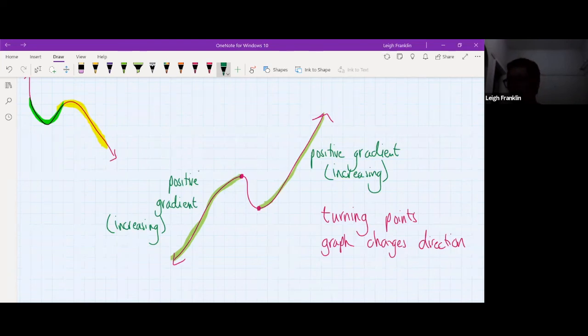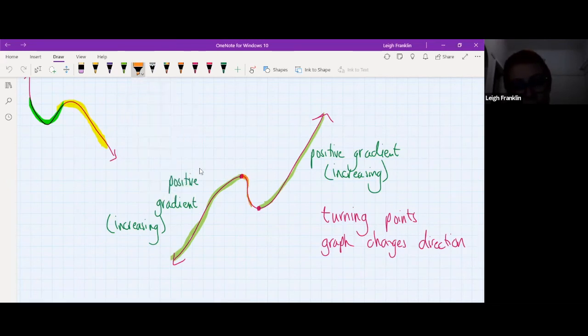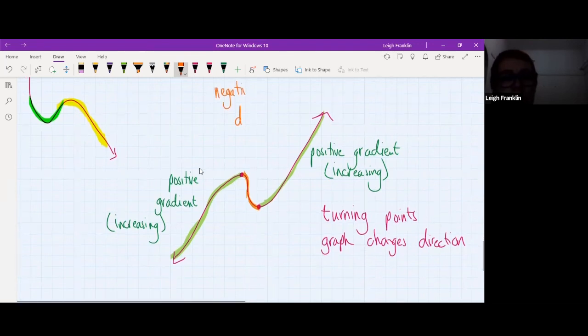Between my turning points for this particular cubic function, it is now decreasing. So between my turning points, it is a decreasing function. Here in orange, it is decreasing. Sorry, it's a negative gradient. I'm walking downhill.